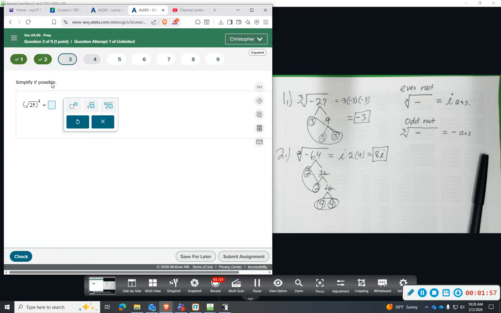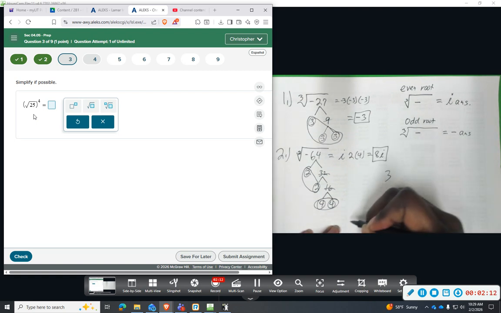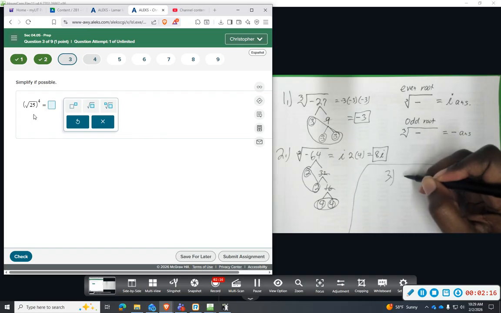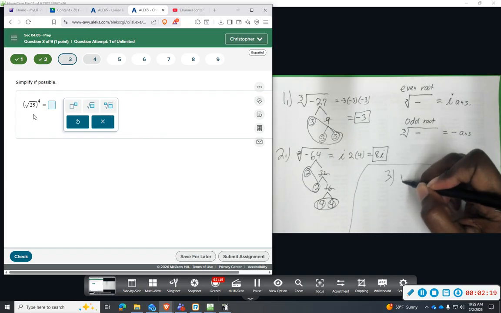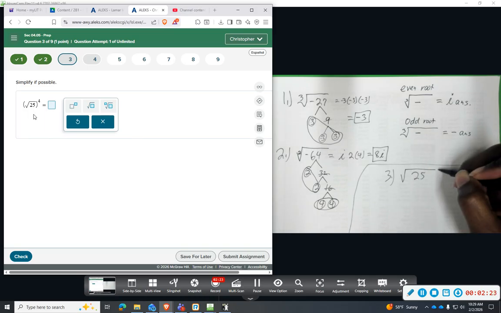All right, this one wants us to simplify as much as possible. It gives us roots and everything to check. So this is the square root of 25 raised to the 4th power.